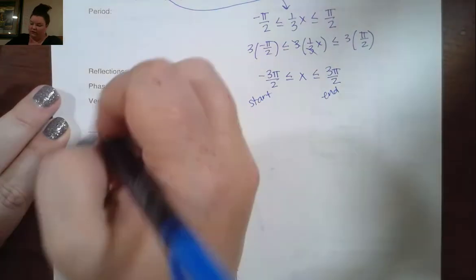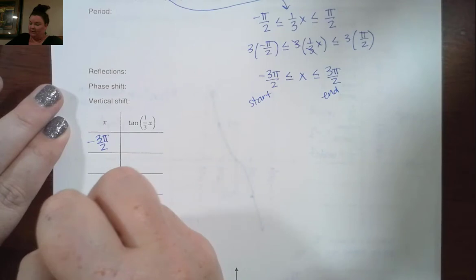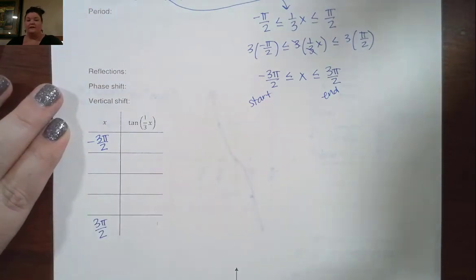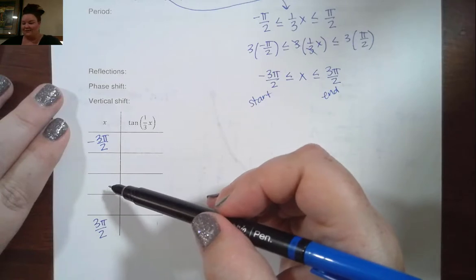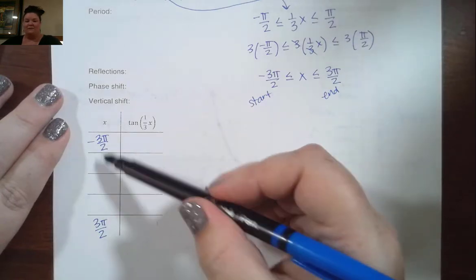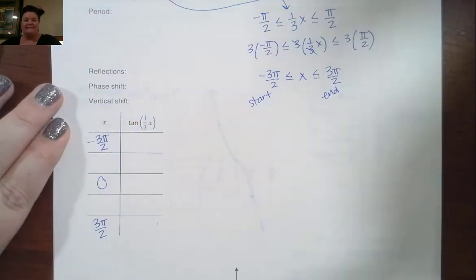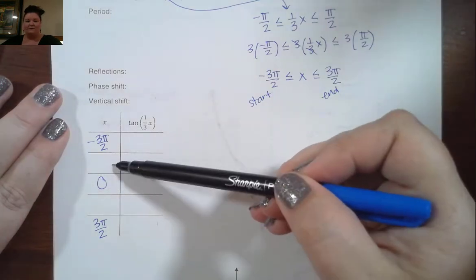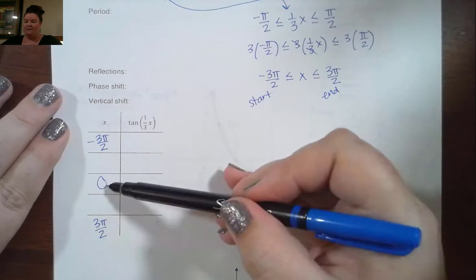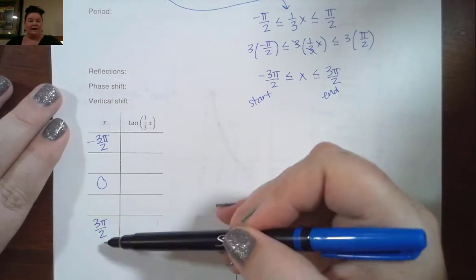So we're going to start at negative 3 pi over 2, and we're going to end at positive 3 pi over 2. Now this one should be very easy to find the center point, right? Because these are the exact same values except one's positive and one's negative, which means our absolute center is at 0. And then I should also pretty easily be able to figure out my other two values by figuring out what is halfway between 0 and 3 pi over 2.